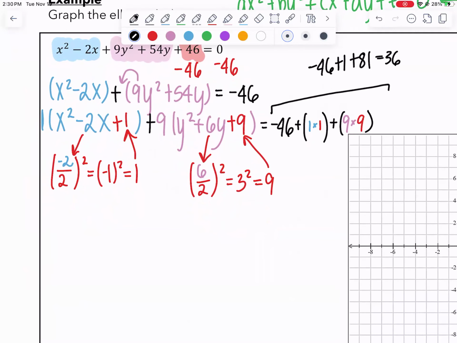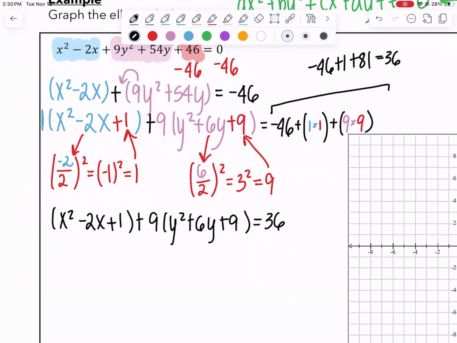All right, so what it looks like before factoring: x squared minus 2x plus 1 plus 9y squared plus 6y plus 9 is equal to 36. I'm factoring the x one. It factors into x minus 1 quantity squared. For y, it's now y plus 3 quantity squared equal to 36.